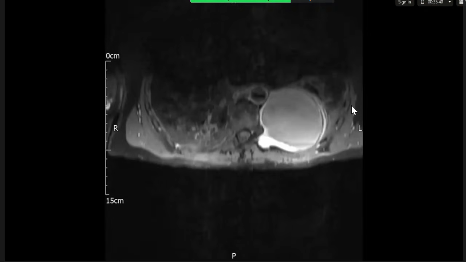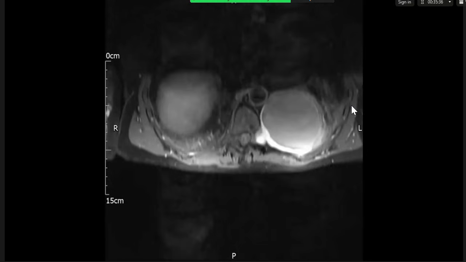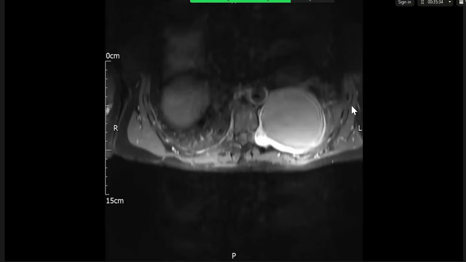So there's a large paraspinal mass which has a thick peripherally enhancing wall and is causing bony destruction, and internally contains non-enhancing fluid that is high on T1 weighted imaging. This is in an elderly patient who's presented with pain.